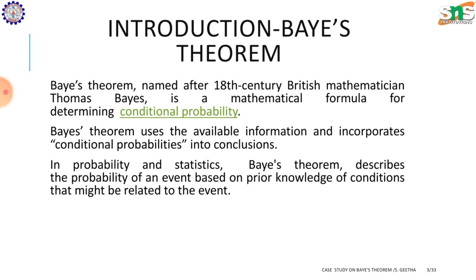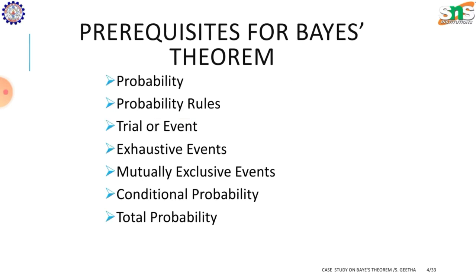In probability and statistics, Bayes' theorem describes the probability of an event based on prior knowledge of conditions that might be related to the event. Prerequisites for Bayes' theorem: probability rules, trial or event, exhaustive events, mutually exclusive events, conditional probability and total probability.